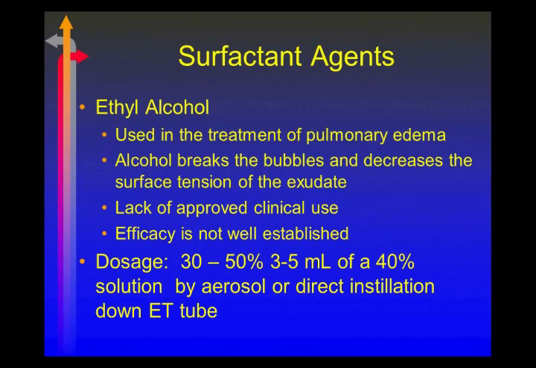As that fluid floods into the alveoli, coming in contact with air, it makes bubbles. And we call that frothing or fulminant pulmonary edema. You actually cough up what looks like pink frothy sputum. The idea being is if I can give them a treatment with alcohol, I can break those bubbles down.